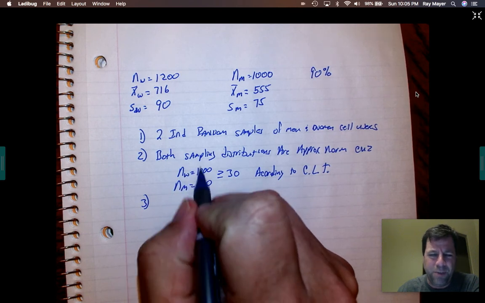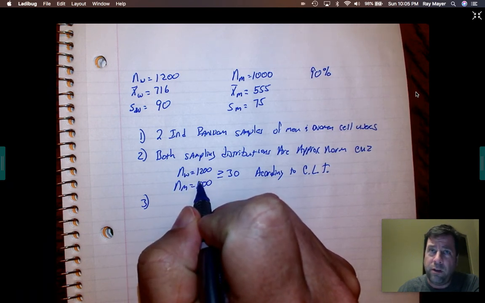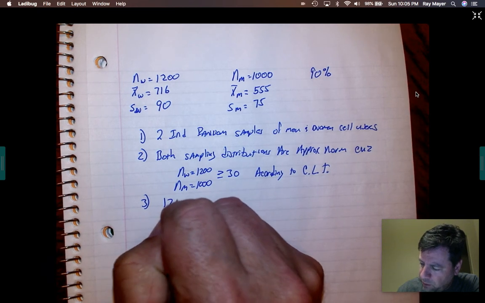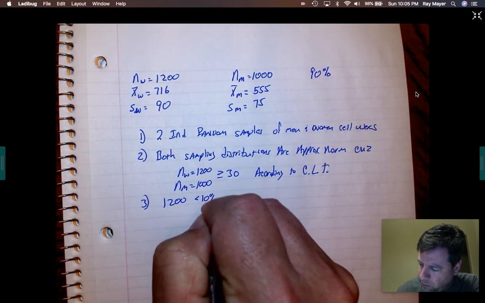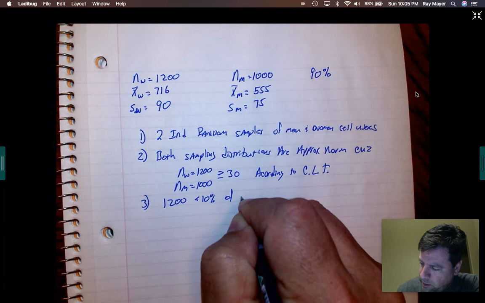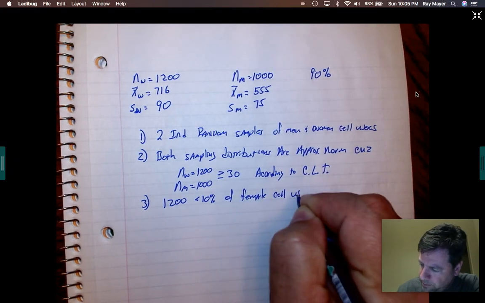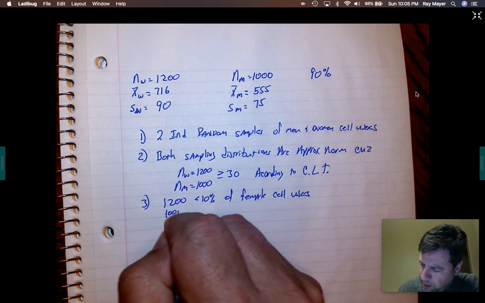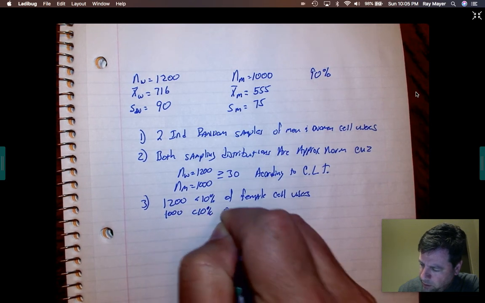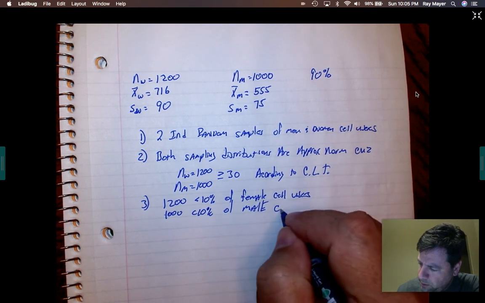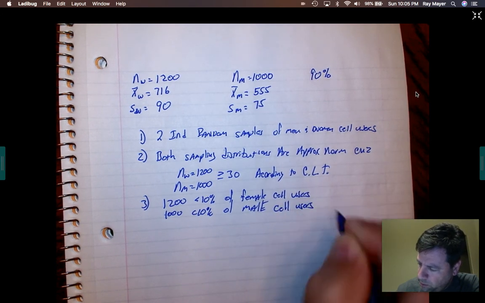You might combine that and say 2200 is less than 10% of all cell phone users. You're probably okay there. I'm going to be safe and say that 1200 is less than 10% of female cell users, and 1000 is less than 10% of male cell users.